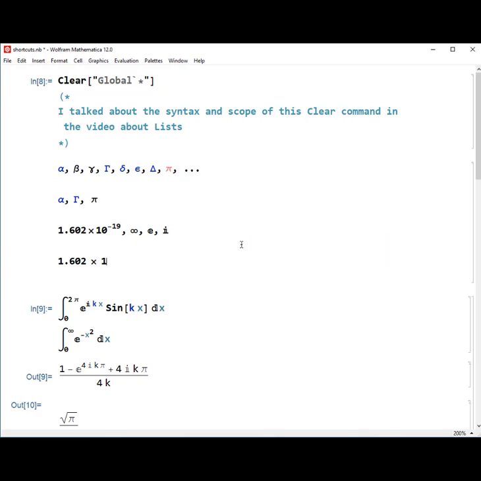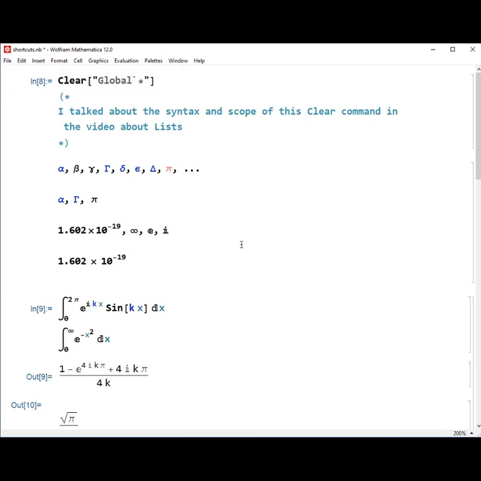Then I'm going to go 10, and then in order to get the exponent, that's a control sequence, so I'm typing the control key, and then I'm hitting the 6 key, which has the caret at the top, and you see it gives me the exponent box. Now I can enter minus 19.